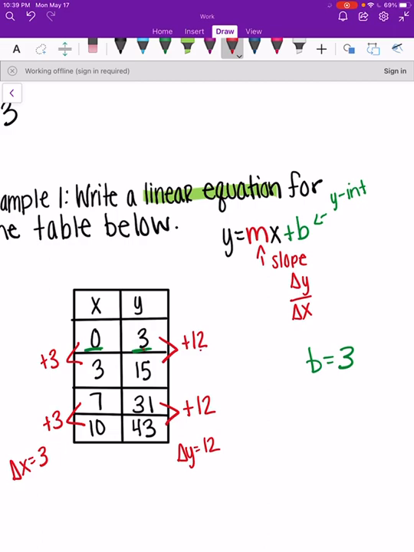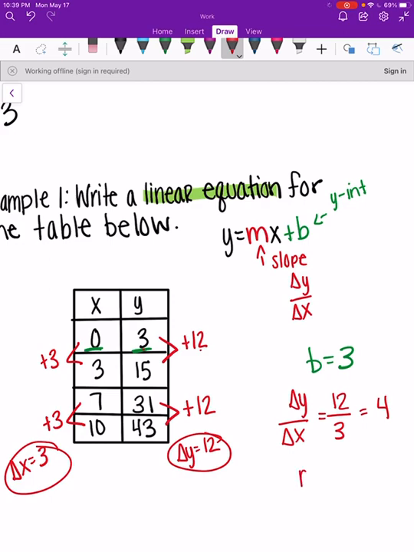So my change in y divided by my change in x is 12 divided by 3, which is 4. So my m equals 4. Now I have all the information I need to write my equation.